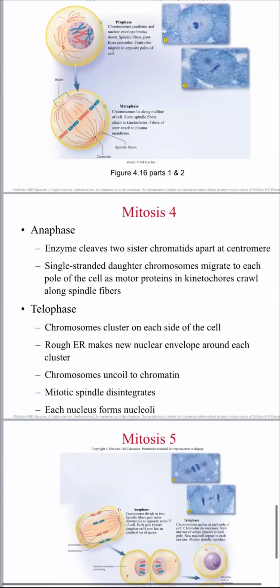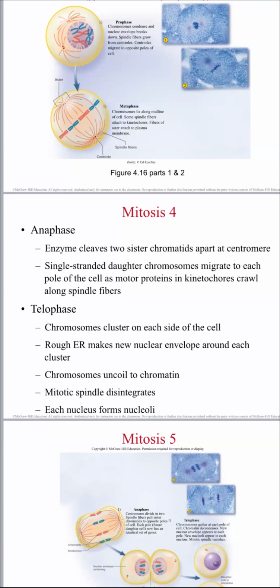right? In anaphase, since all of those chromosomes are lined up right in the middle, what we're going to do is split those chromosomes in half. So then each eventual cell will get one copy of each chromosome. You get one chromosome number one, and it goes to one cell. The other chromosome number one goes to another cell, right?